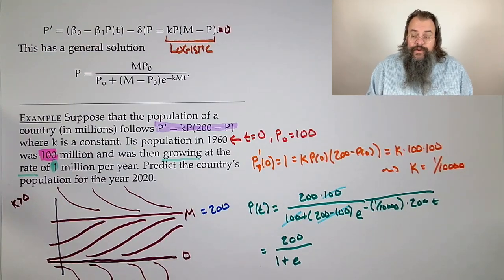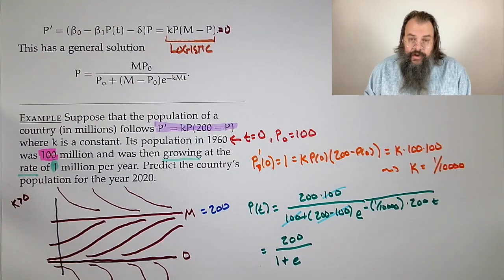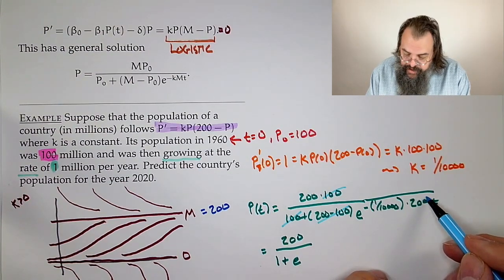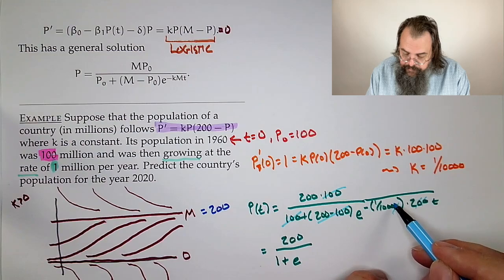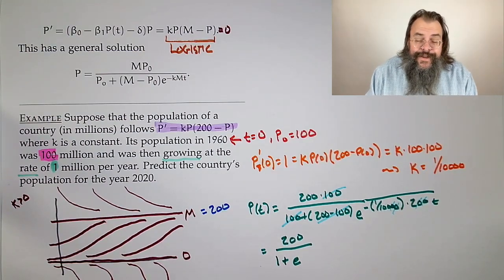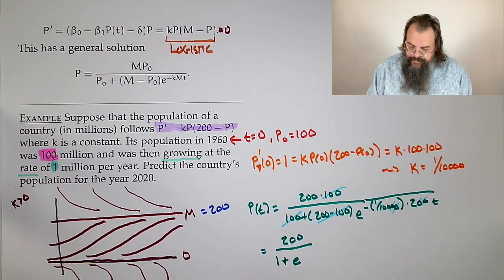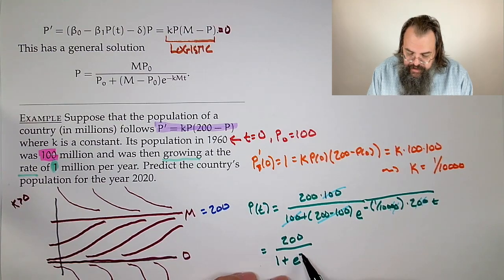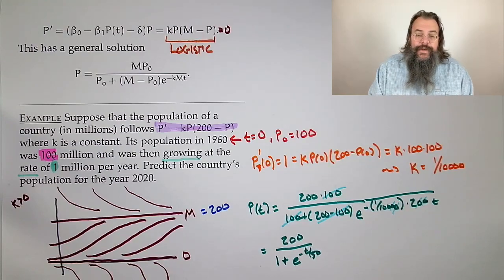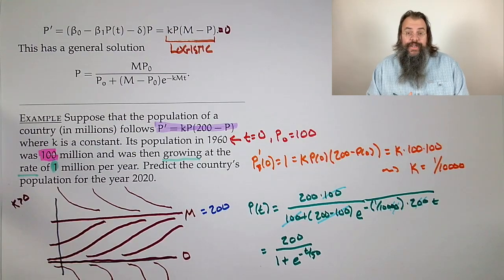We can cancel some zeros, right, because there's 200 and 10,000, so it's like dividing by a 10, and so it's like 2 over 100. Well, that's 1 over 50. So we get E to the minus T over 50. There we go. Now, that's our population at any time.